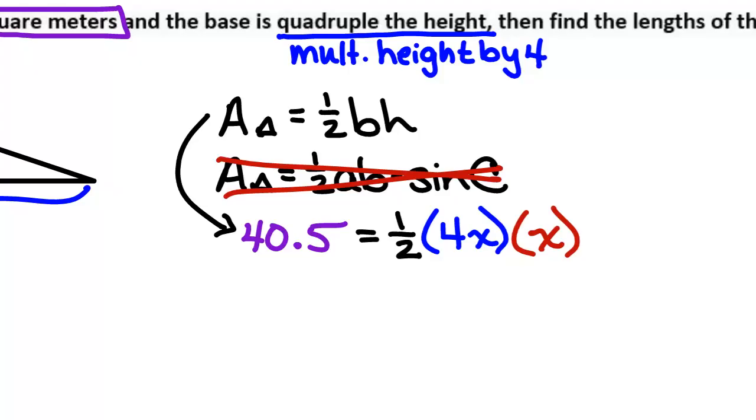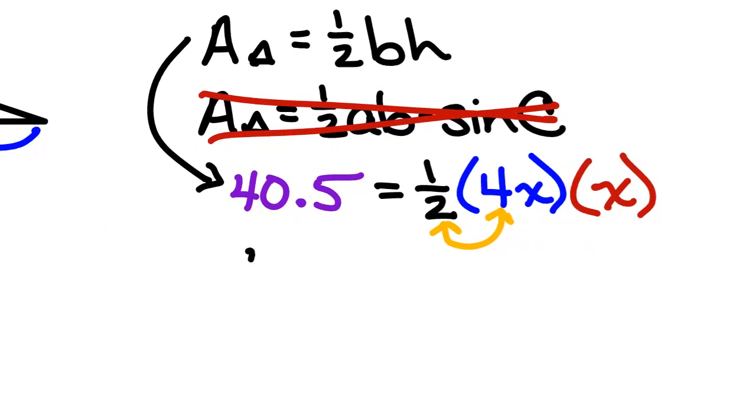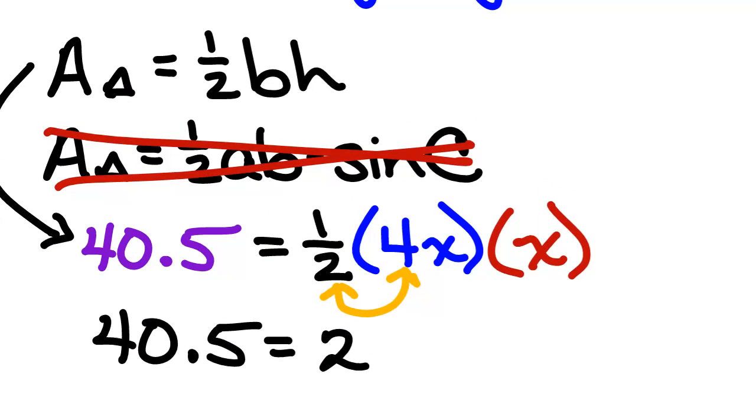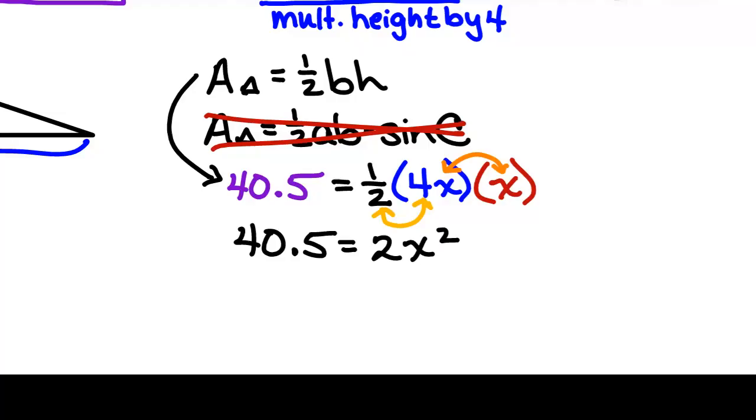Over on the right, we're going to multiply the numbers together. What's half of 4? 2. So I have 40.5 equals 2. And then we're going to multiply the x's together. What's x times x? X squared. So 40.5 equals 2x squared.